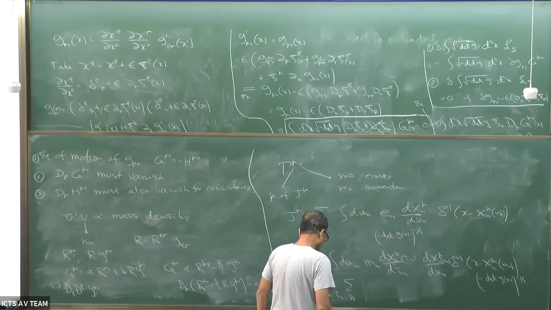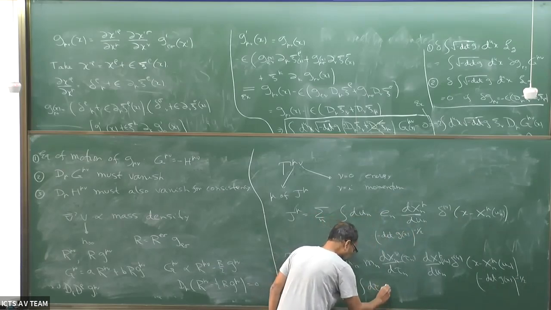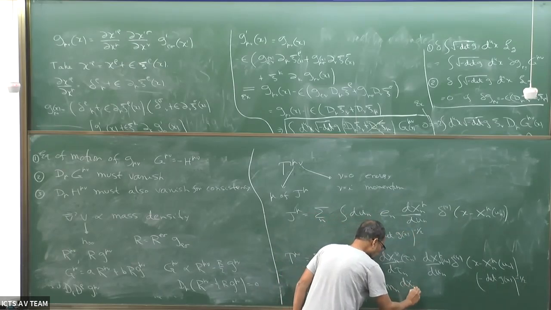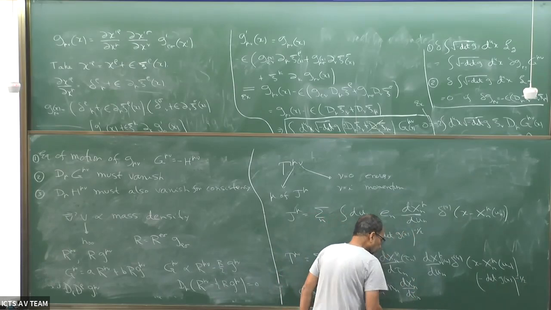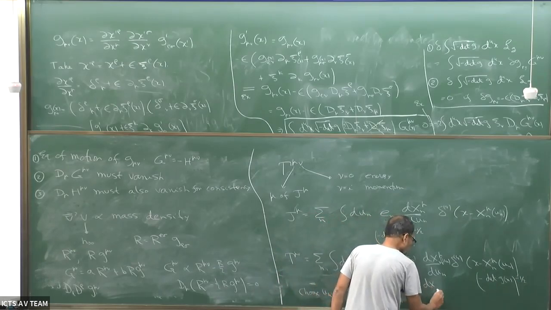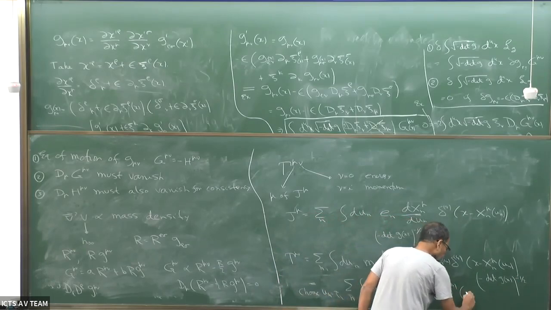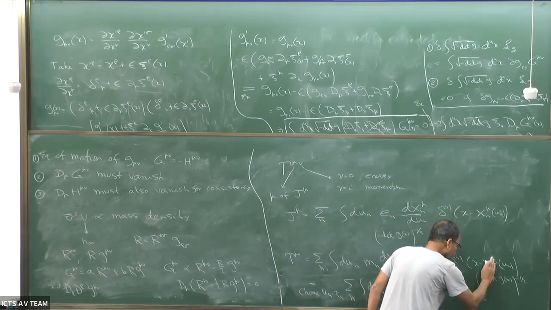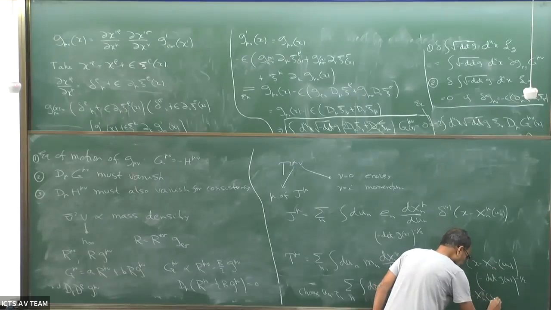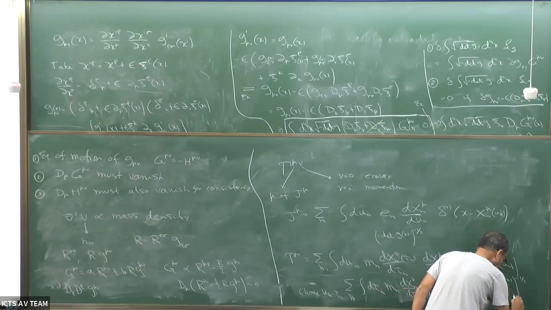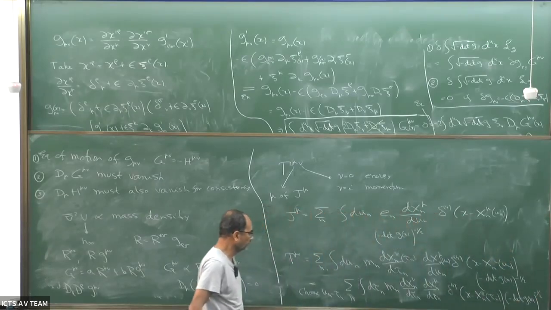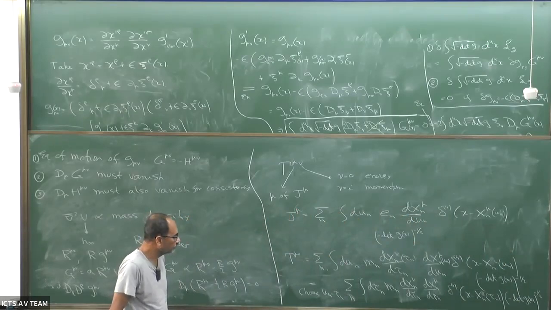So this is sum over n, integral d tau_n, m_n, dx_n^mu over d tau_n. The index mu is not needed because it's a 4-vector. Yes, tau_n at that point.